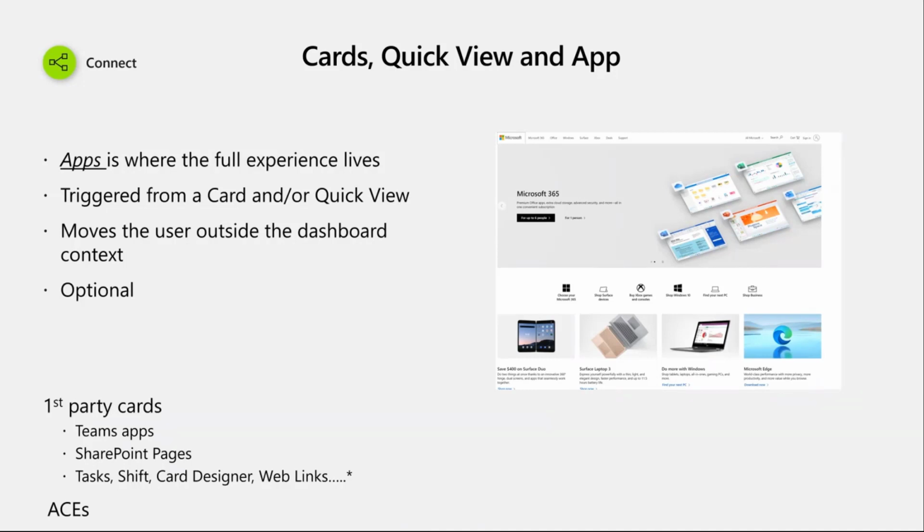From the card, you can go to the quick view, and that's it. From the card, you can do nothing else. Everything is surfacing in the card. From the card, you can go directly to the app. From the quick view, you can go directly to the app. So again, there are no requirements or constraints in the sequence of the actions and the experiences that can be surfaced to the end user. It's really dependent on what your business requirement is.